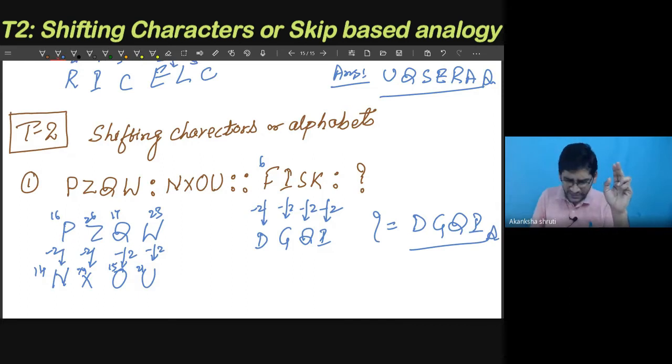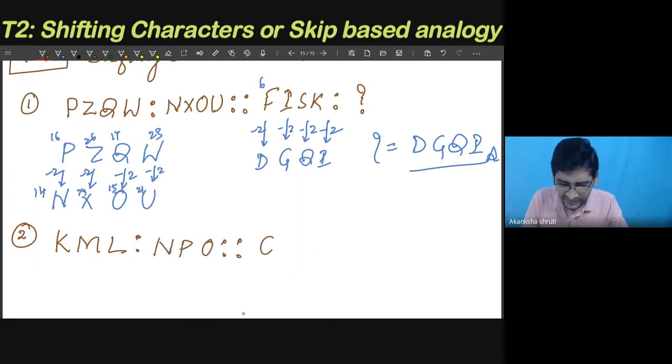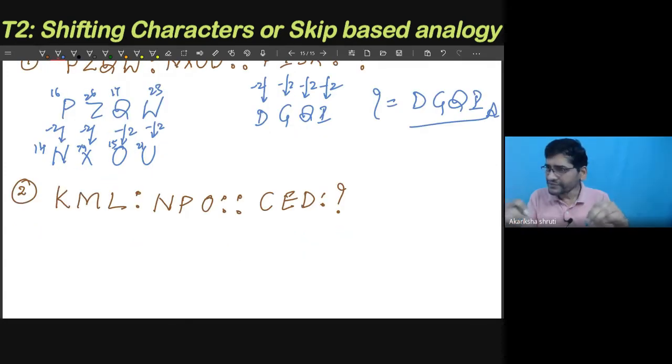But it may be possible that some of them are shifting backward, some of them are shifting forward. Means in some characters there will be addition and in some other characters there will be subtraction. So let me take one more. KML is to NPO, then CED is to what? Very first you write their positions at the top.